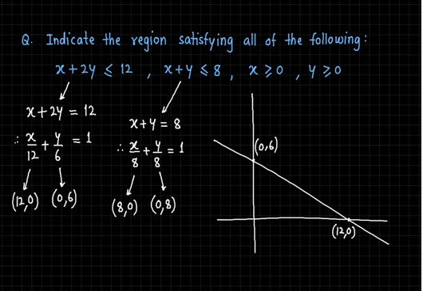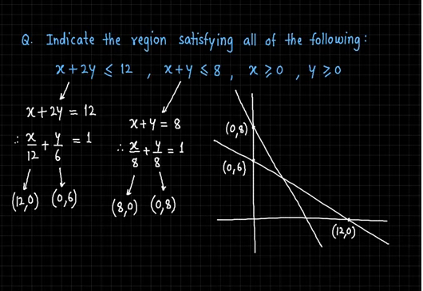Let us show them. 0, 8 will be a little above, I think it will come in between. So let me write the coordinates on the other side. This is 0, 6. See, 0, 8 will come somewhere above it. So this is 0, 8 and 8, 0. Of course, we have the origin also here.